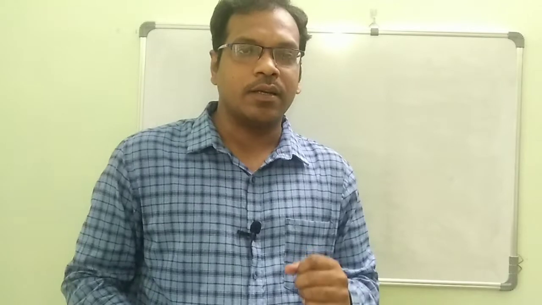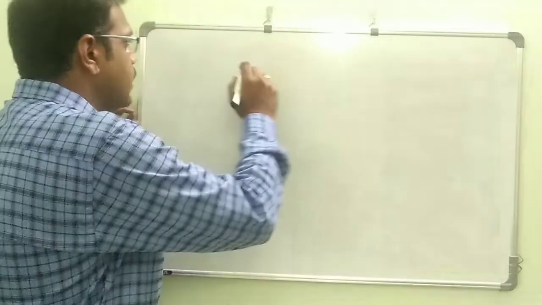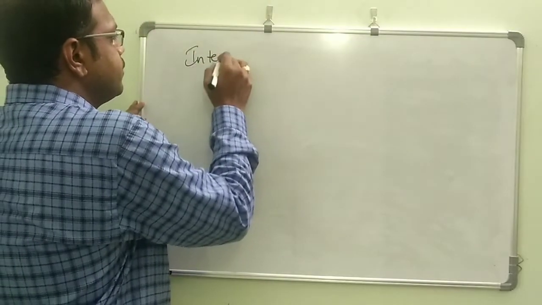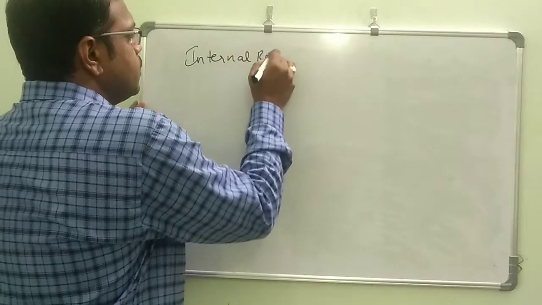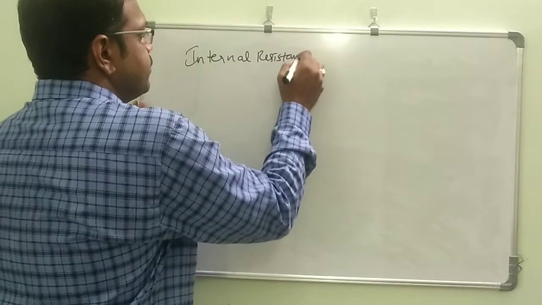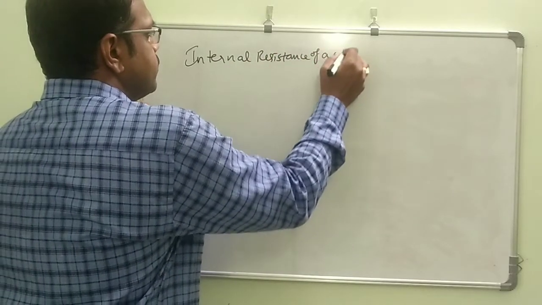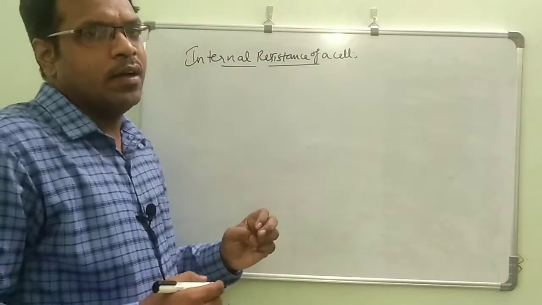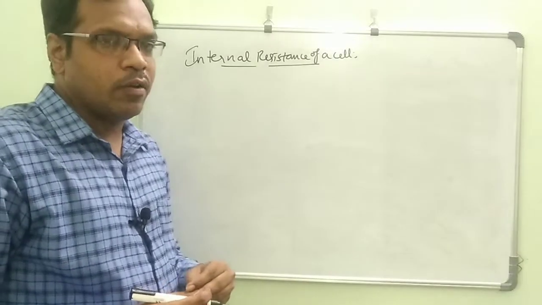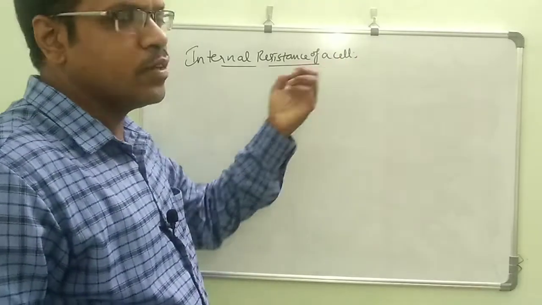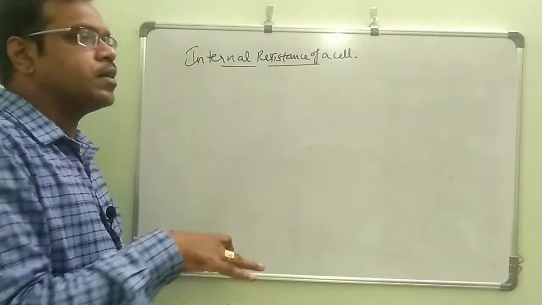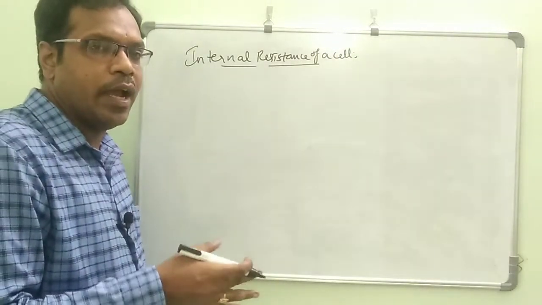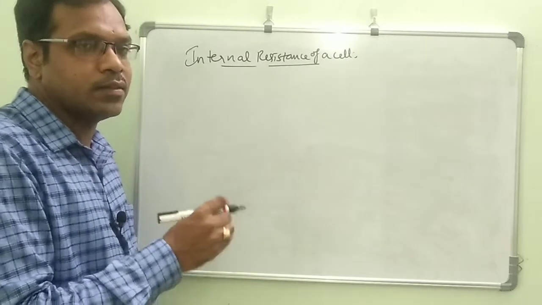Coming to the next topic, we'll go for internal resistance of a cell. Up to now we were discussing galvanometer, ammeter, all these things. Now we'll go for internal resistance of a cell. A cell also contains some resistance because of the electrolyte present in the cell.